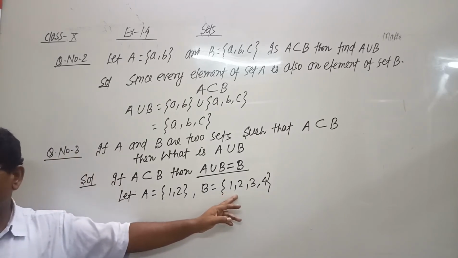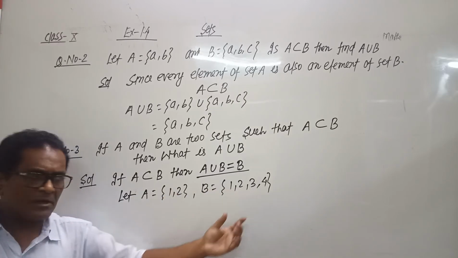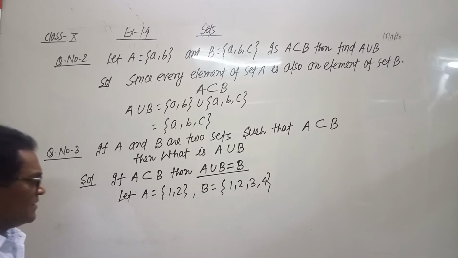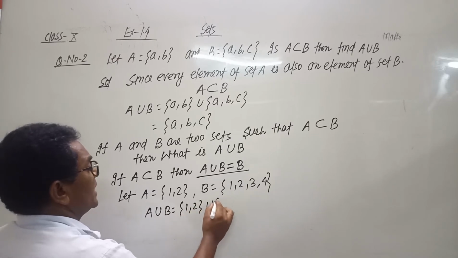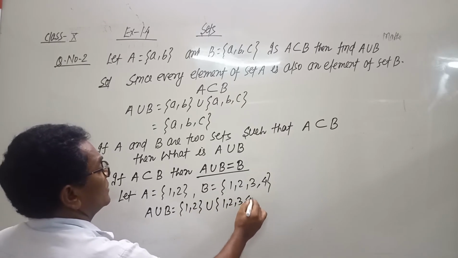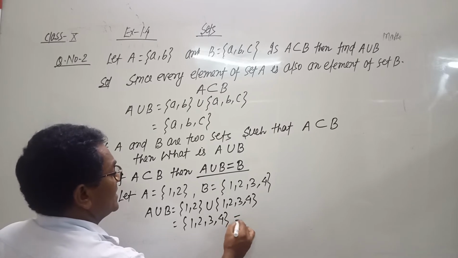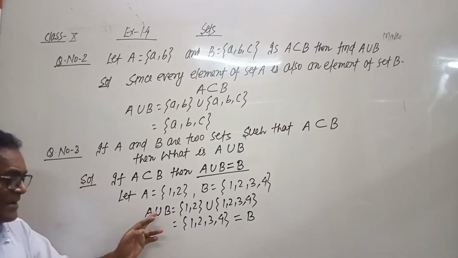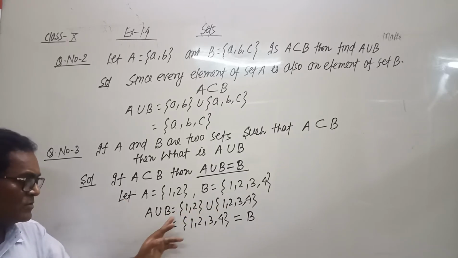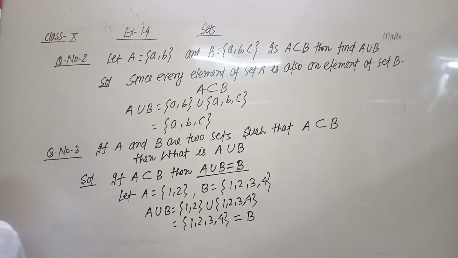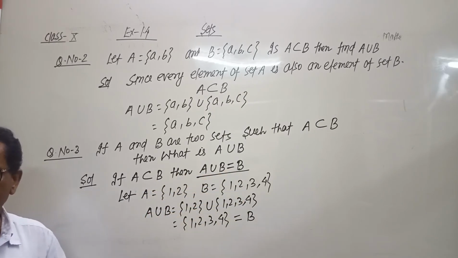A is a subset of B because every element of set A belongs to set B. Then find A union B: {1, 2} union {1, 2, 3, 4} is {1, 2, 3, 4}, and this can be written as B. So it is verified that if A is a subset of B, then A union B is always equal to B.